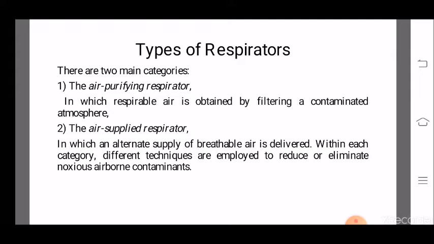The respirators are of two types: air purifying respirators and air supplied respirators. The air purifying respirators depend on the exhaling and inhaling capabilities of the human being. External power is not applied. It cleans the dust or separates the dust while breathing air in.